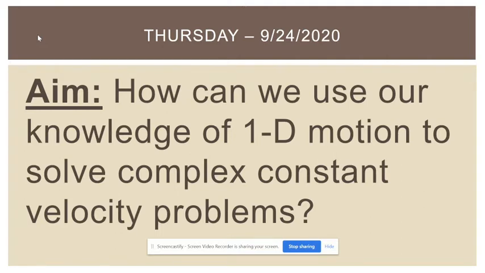And so we're going to go through that problem and talk about some of the general concepts and then get to one more nice complex constant velocity problem that I generally refer to as the chase problem. And then that will basically be it for constant velocity motion. We'll hopefully, depending on how long this video ends up being, set ourselves up perfectly to dig into accelerated motion to finish up the week on Friday.